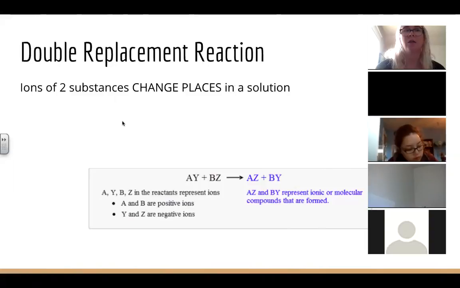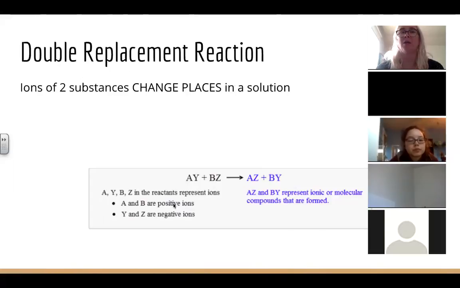So what does that look like in terms of an equation, right? If we look at this graphic here, AY plus BZ will yield AZ plus BY. So in this case, Y and Z are switching places, right?